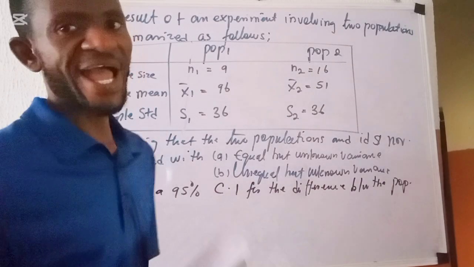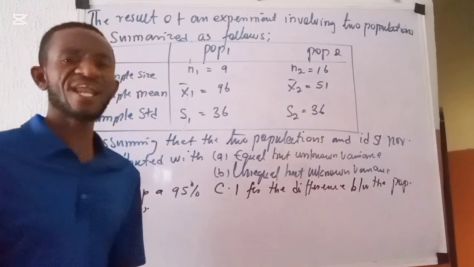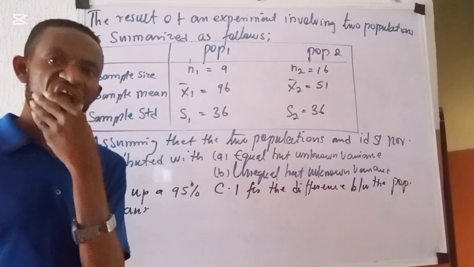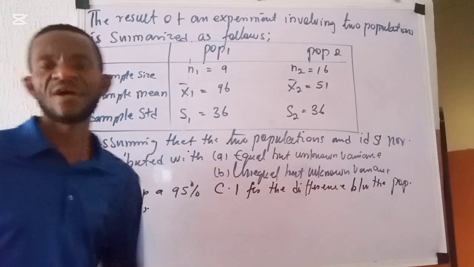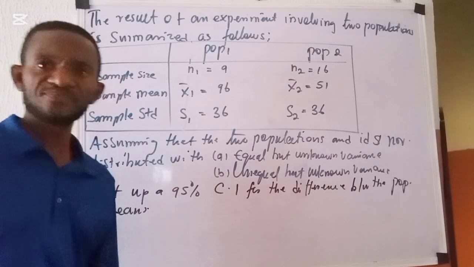Want us to internalize the question very well. Once we internalize the question very well, then we wipe the board or we clean this question down and tell ourselves how to go about it.